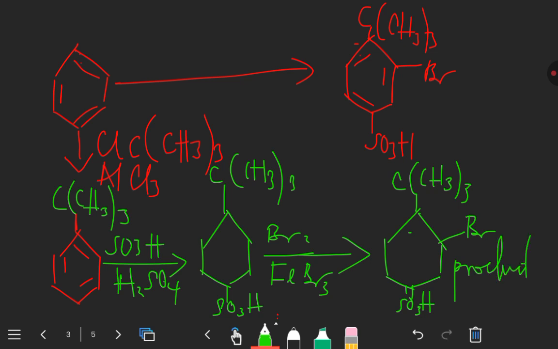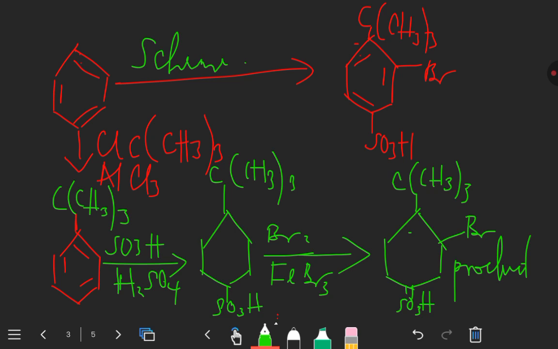So you can see that this is how they had to plan this reaction so that they arrive at this product of interest. Basically this is how you perform the reaction scheme. This is a reaction scheme where we have assigned certain reagents to add to the reaction at a specific step.